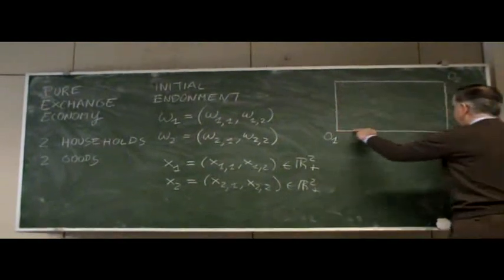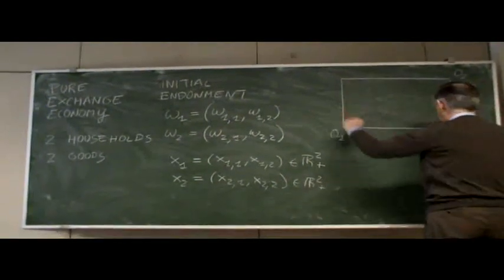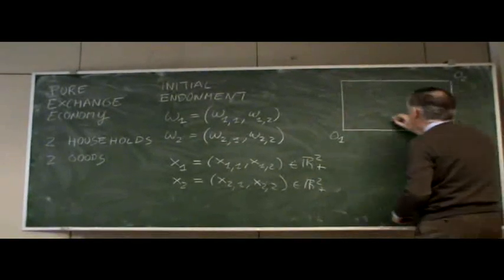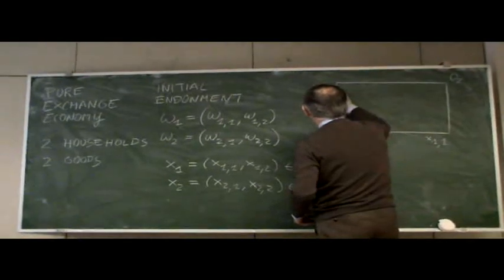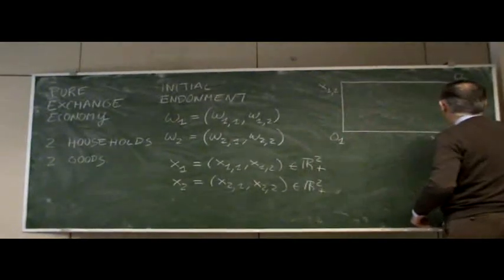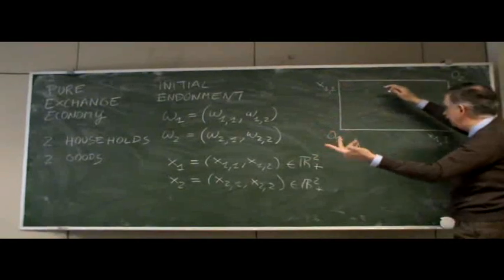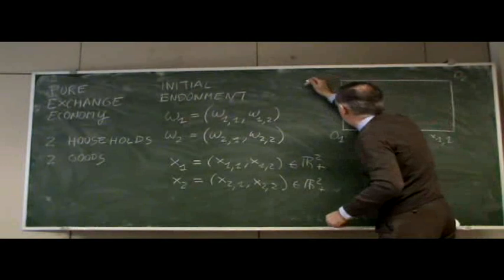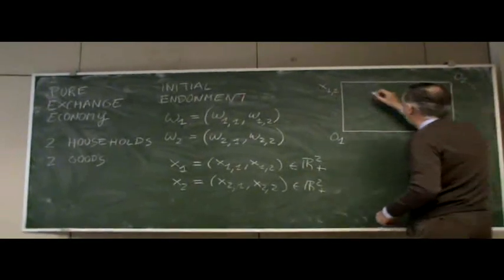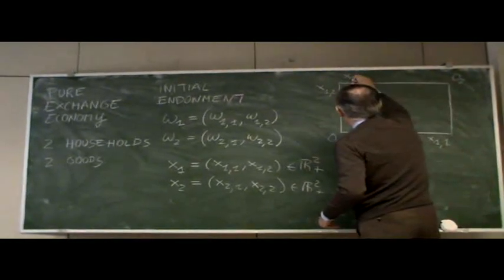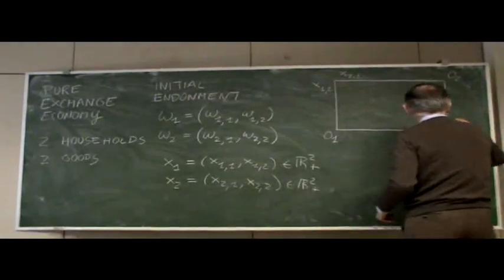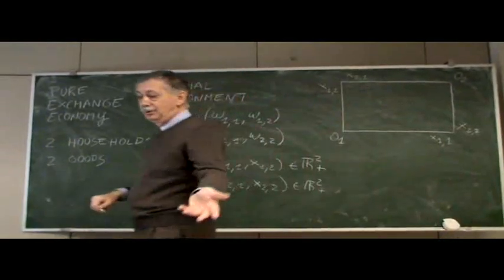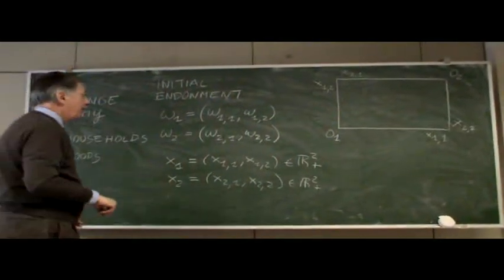These are the coordinate axes of the first subject, on which we report x1,1 and x1,2. And these, oriented in the converse direction, are the coordinate axes of subject 2. On these we shall pose x2,1 and here x2,2. Now, our known Edgeworth box.